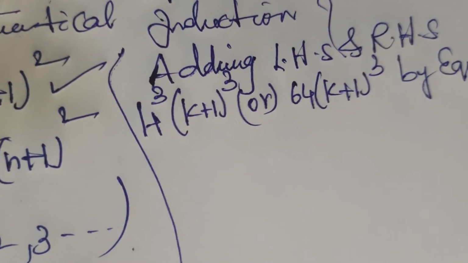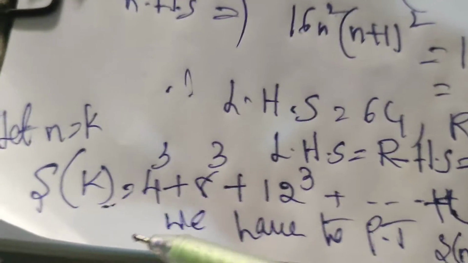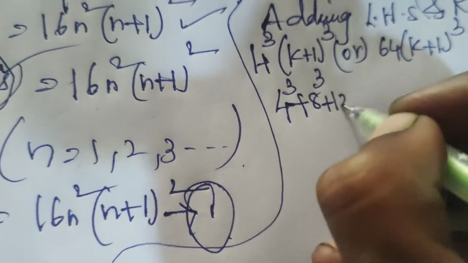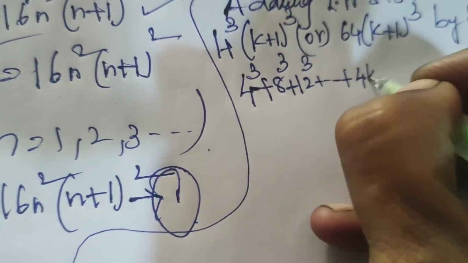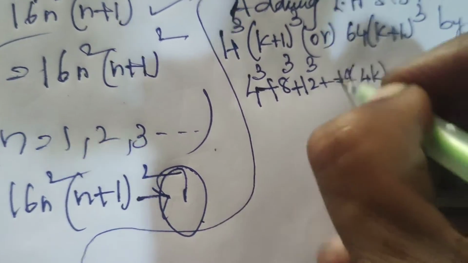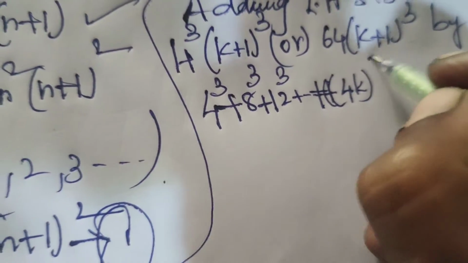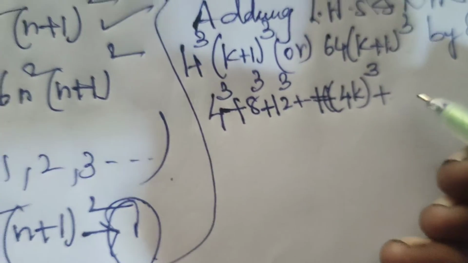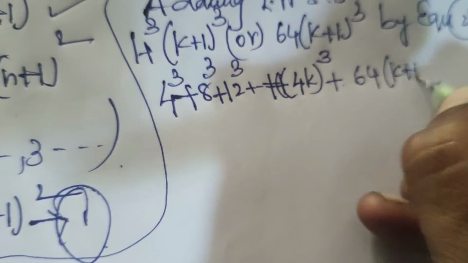Here substitute the kth term of the statement, S of k: 4 cube plus 8 cube plus 12 cube plus so on plus 4k whole cube, plus 64 into k plus 1 whole cube.